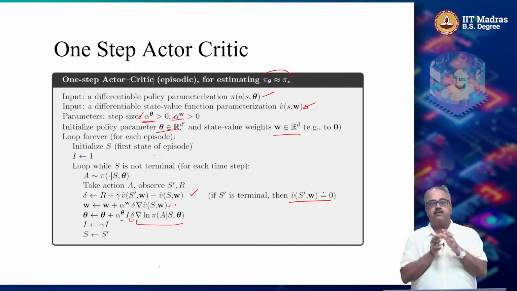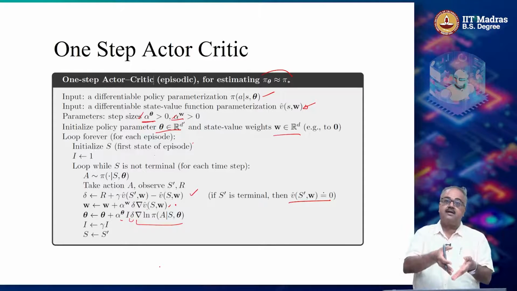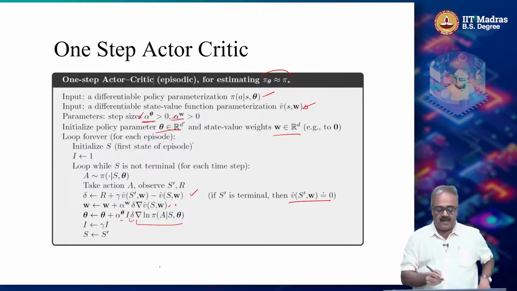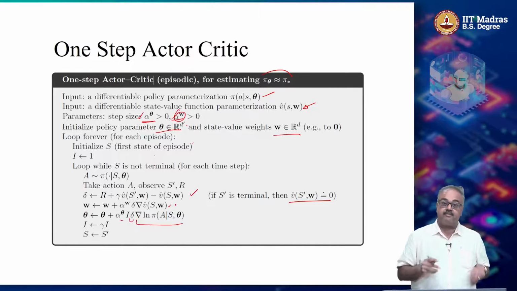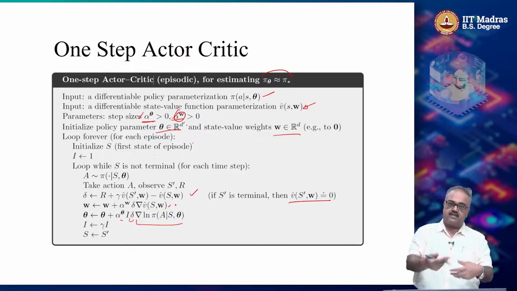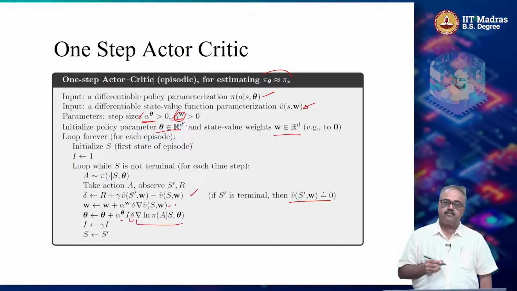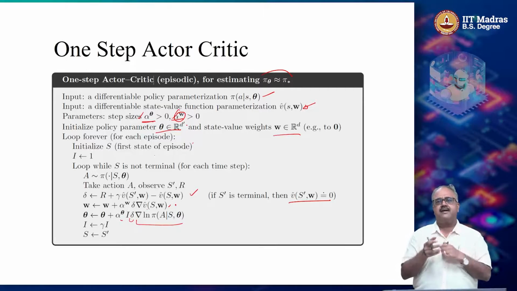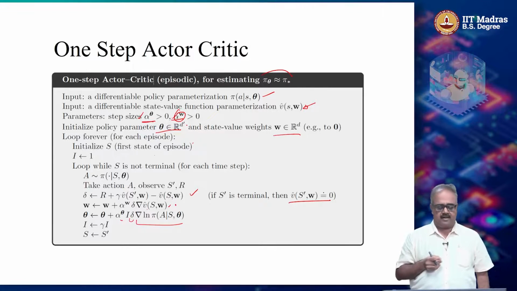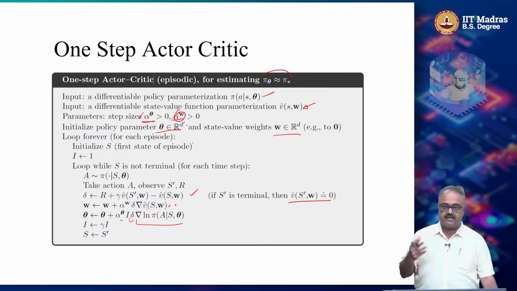So, V has to change faster than pi. That means your alpha W has to be larger than alpha theta, so that you move faster towards the pi theta. It is not very much larger, but at least the value function is learned faster than the policy changes, so that this convergence can happen.